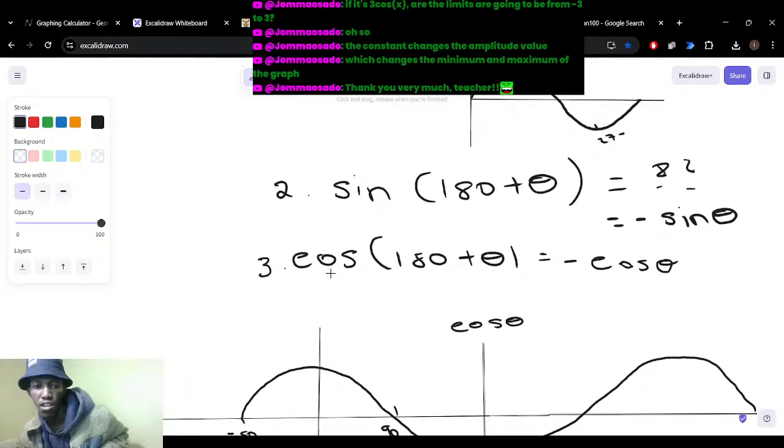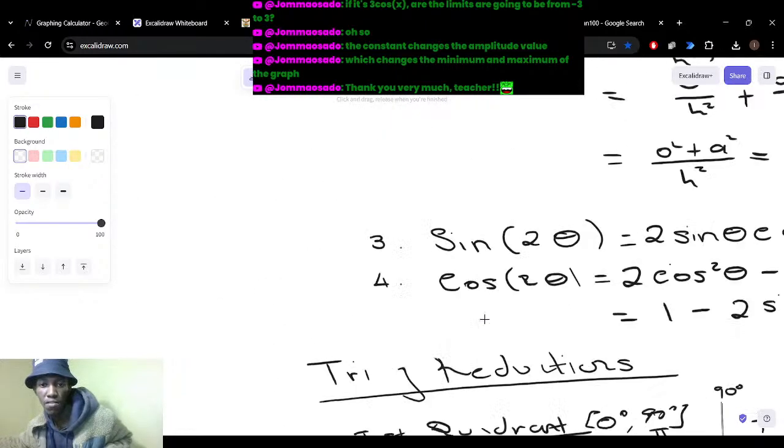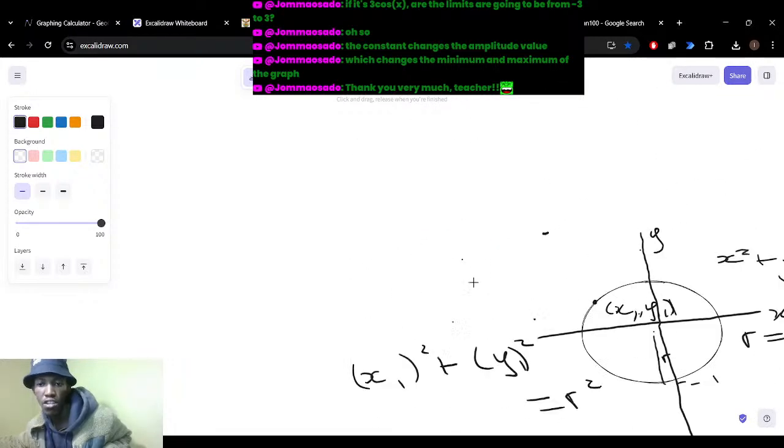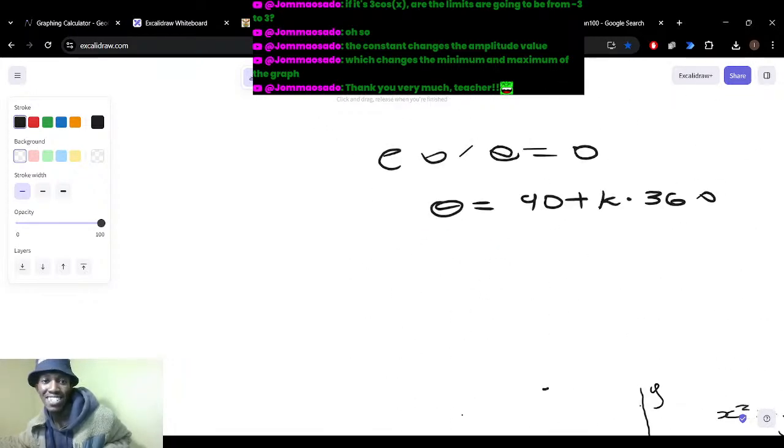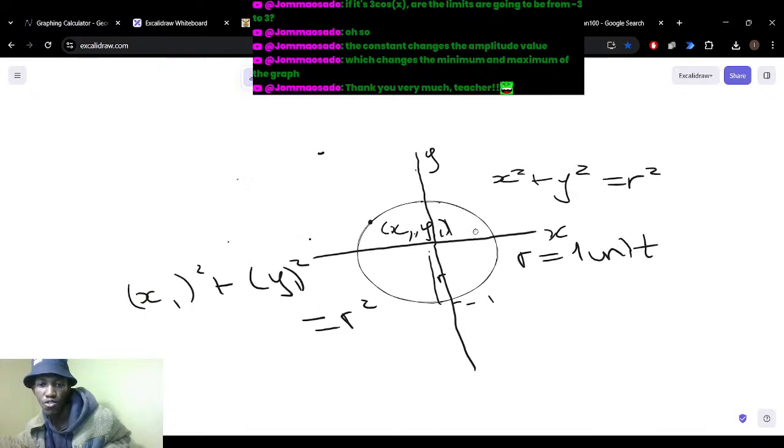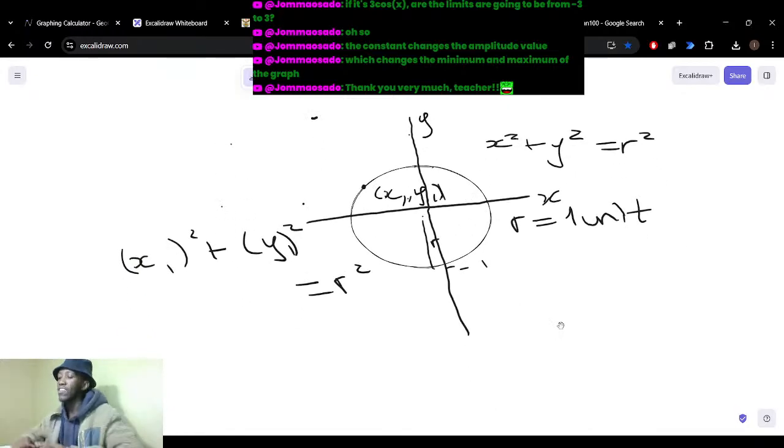So let's just summarize the lecture of today, what we have covered. We started with a unit circle. We said that a unit circle is a circle of radius equal to 1 unit. And we know that the equation of our circle is given by the Pythagoras equation, which is x squared plus y squared equals r squared.